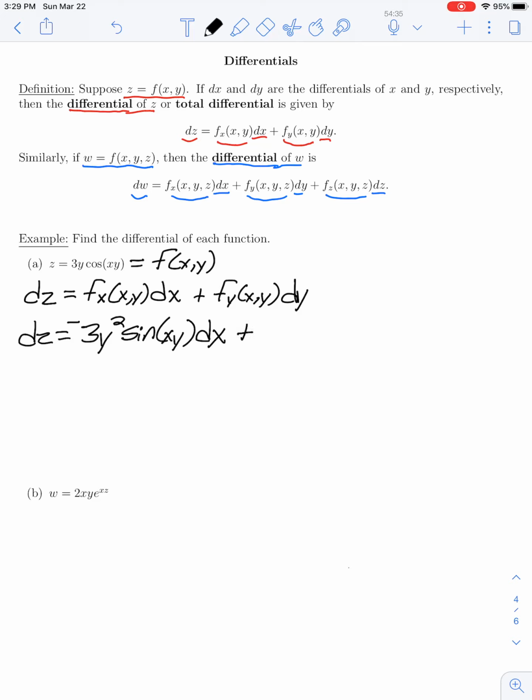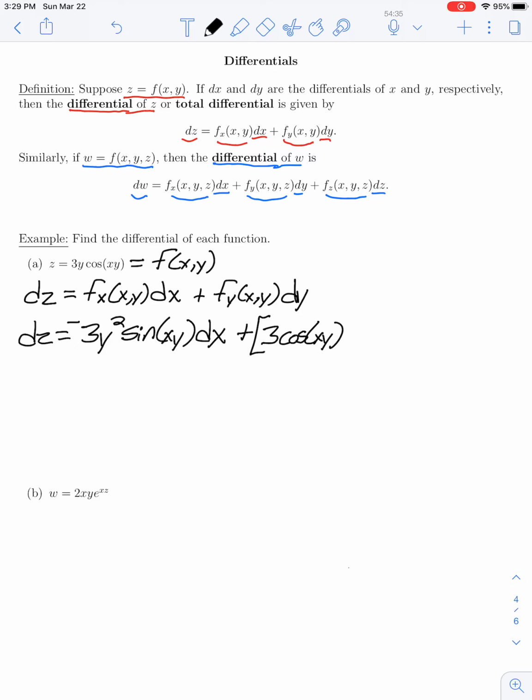And then we would add the partial derivative of f with respect to y. Looking at our function, we see that this partial derivative is a little trickier. We've got to make use of the product and chain rules. Differentiating our first factor, 3y, with respect to y, we have 3, and then we multiply by the second factor, cosine of xy.